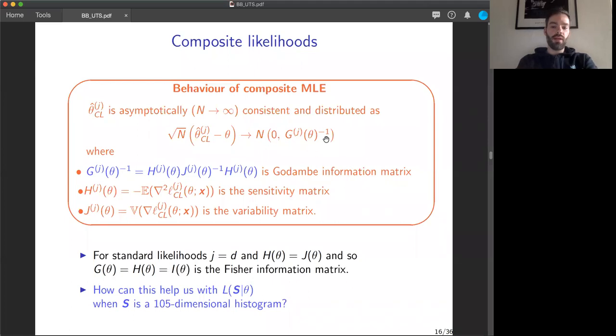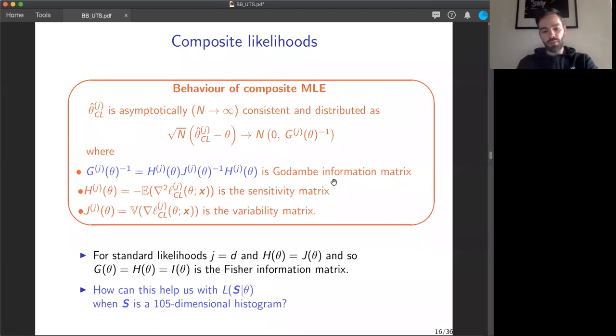That's the sandwich information matrix, where the bread is the H function, which represents the sensitivity, and J is basically the cheese in your sandwich, the variability matrix. If J is equal to D, meaning that you are just taking your full likelihood, then H and J are equal, and from the Godambe information matrix you recover the Fisher information matrix.